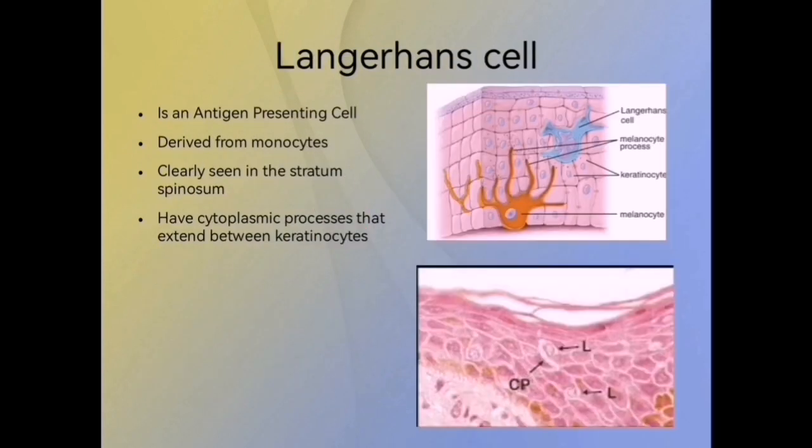The Langerhans cells are antigen-presenting cells derived from monocytes, and they are much more abundant and clearly seen within the stratum spinosum.